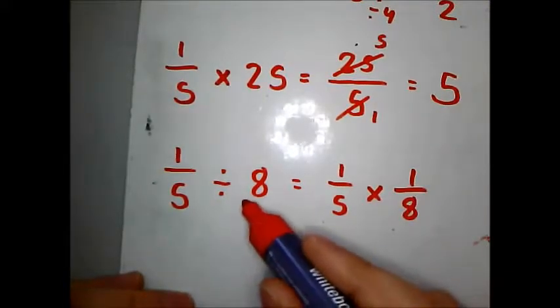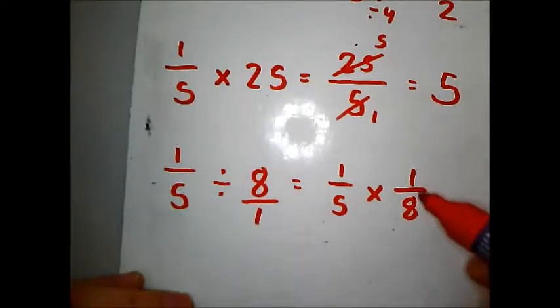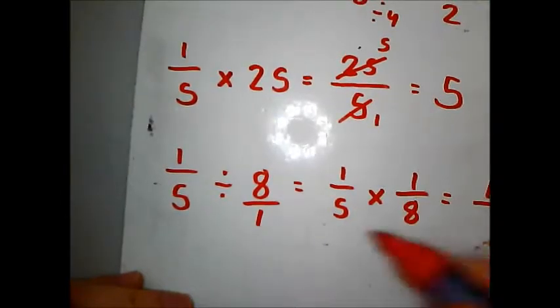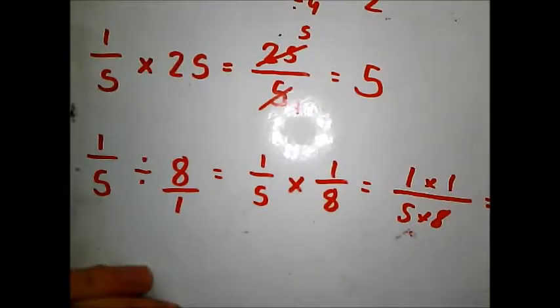Now because 8 is also 8 over 1, that means upside down it will look like 1 over 8. Okay, and then we multiply top numbers, so 1 times 1 is 1, and the bottom numbers 5 times 8, so we get 1 over 40.